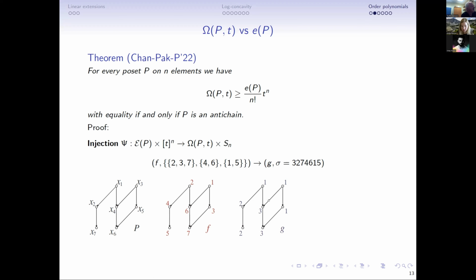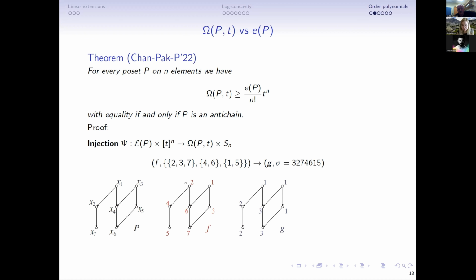So we get an order preserving map. And now somehow we need to remember what was going on here. This is how we get a permutation sigma. Sigma, as you can see, is a permutation where the elements in the first set appear first, then the elements in the second set appear second, and so on.